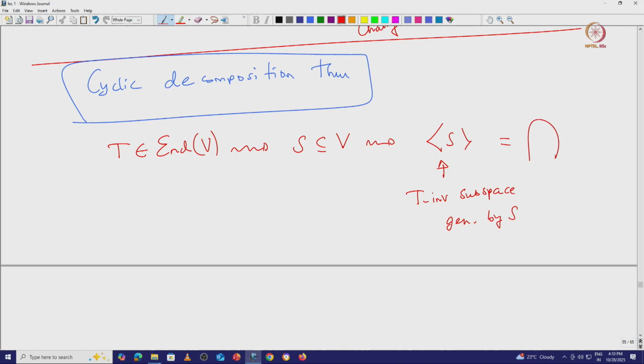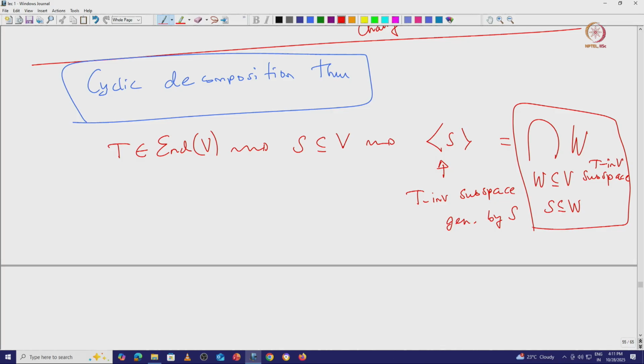So, you can take the intersection of all of them: the intersection of W, where W is a subspace of V which is also T invariant, and S is contained in W. This intersection gives you the T invariant subspace of V generated by S.